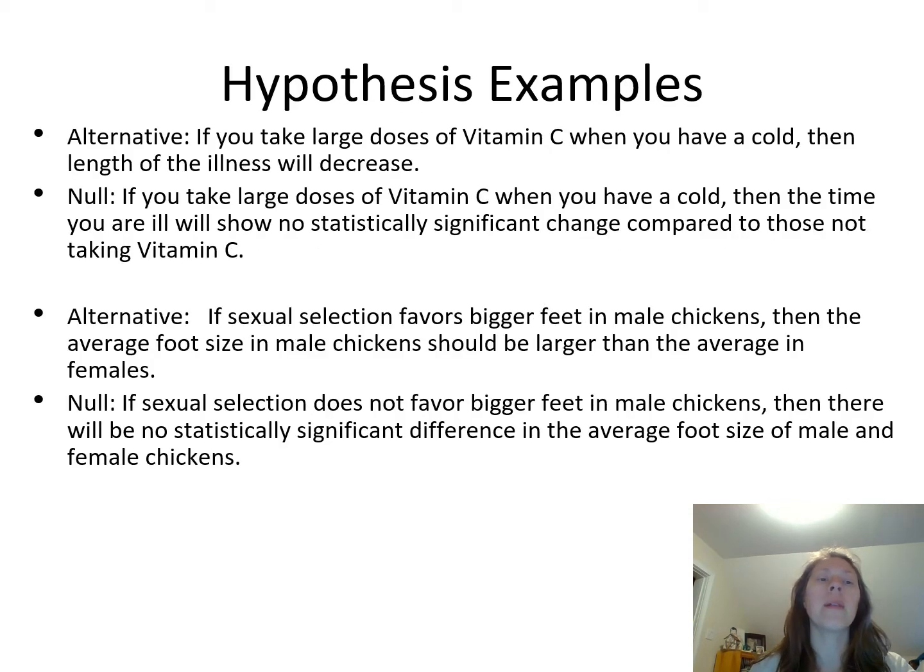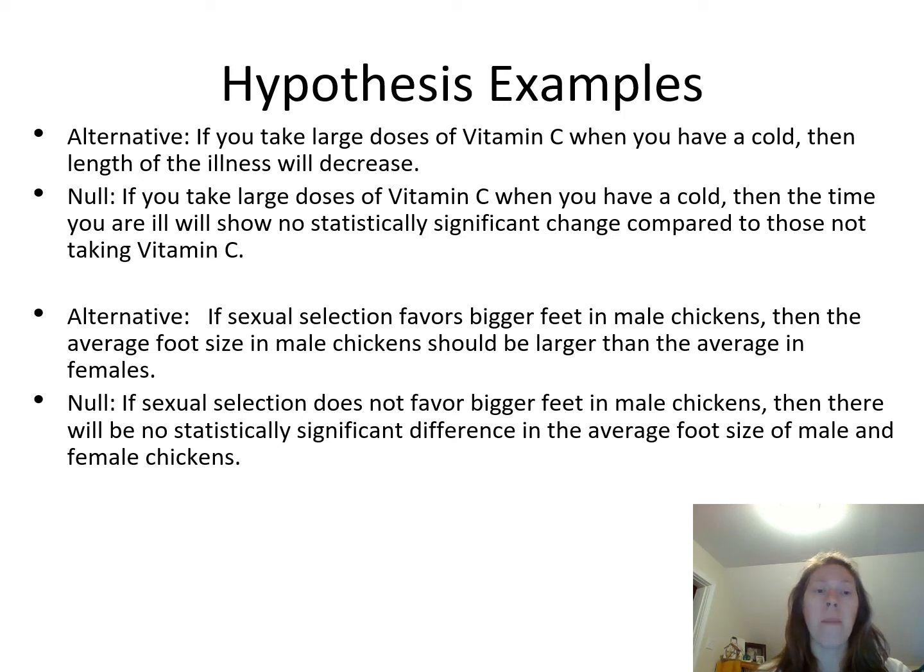Here are a couple examples. So an alternative hypothesis that you might be used to writing or seeing would be something like, if you take large doses of vitamin C when you have a cold, then the length of the illness is going to decrease. So that hypothesis is suggesting there's a relationship between taking extra vitamin C and the length of your cold.